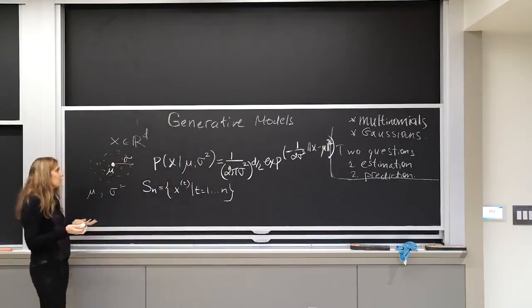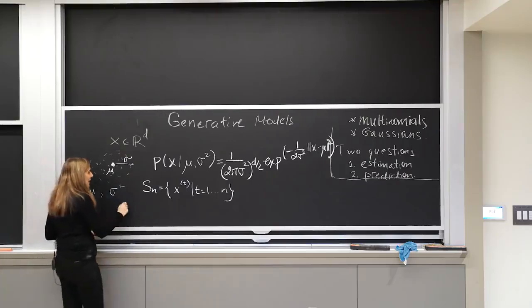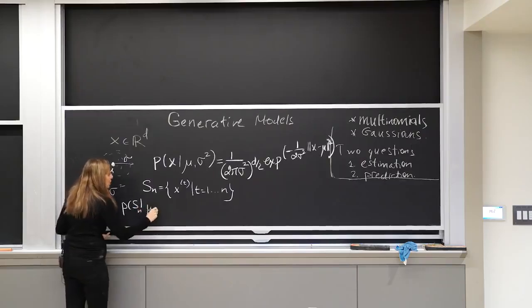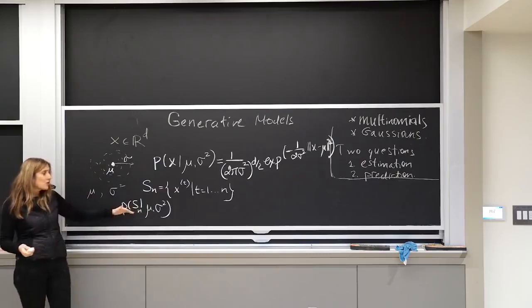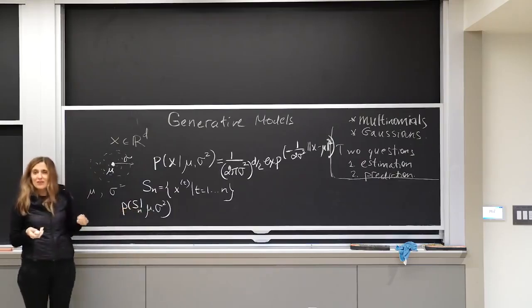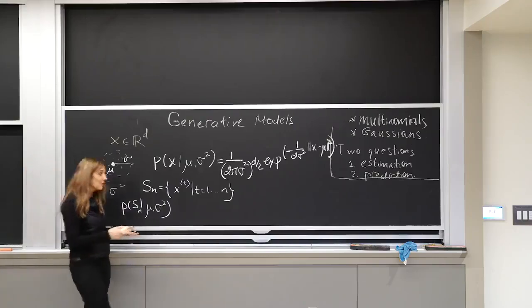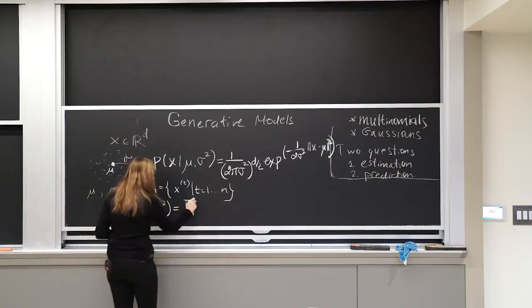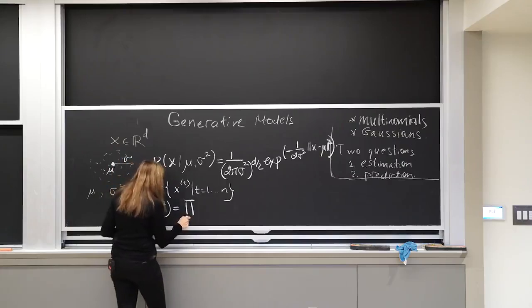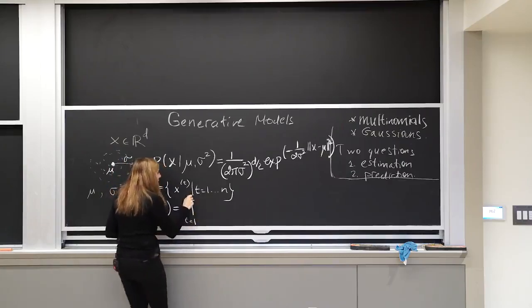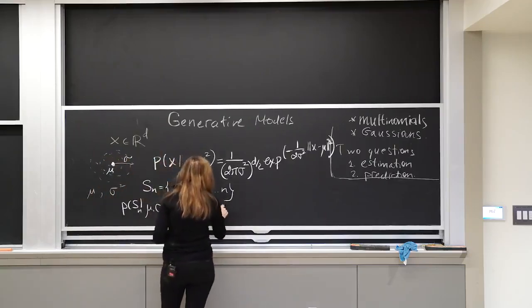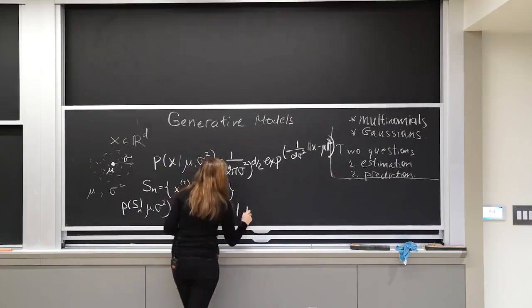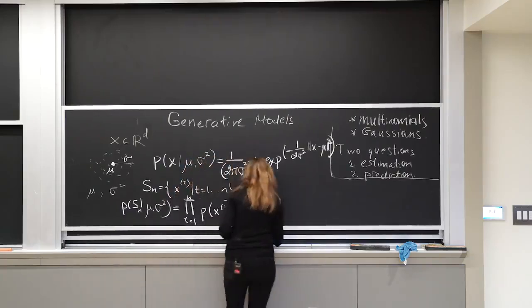Since all the points are independent, whenever we are thinking about the likelihood of all these points being generated by our specific Gaussian, we just need to multiply the likelihood of every training point being generated by the Gaussian. So we're going to write the product of t going from 1 to n, because we have n points, and then likelihood for x_t, mu, sigma squared.